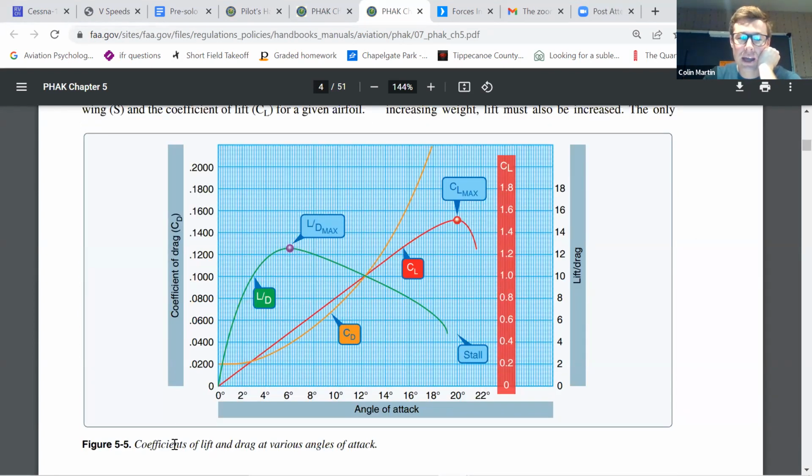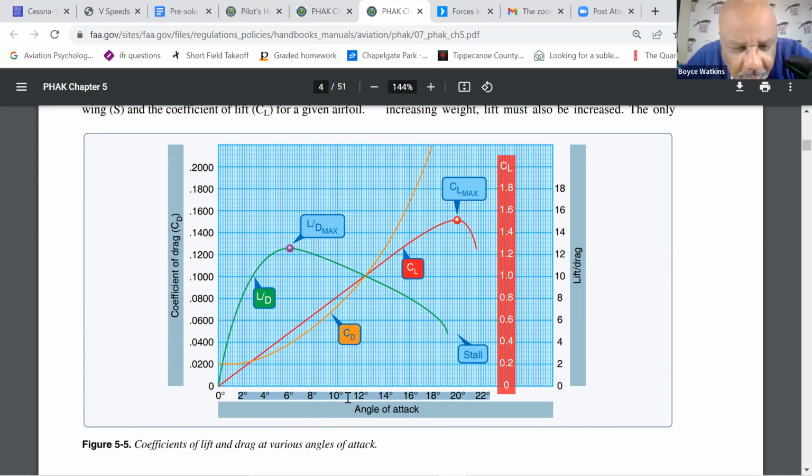Here we have a graph of our coefficient of lift and our lift-drag ratios. On our x-axis, we have angle of attack.